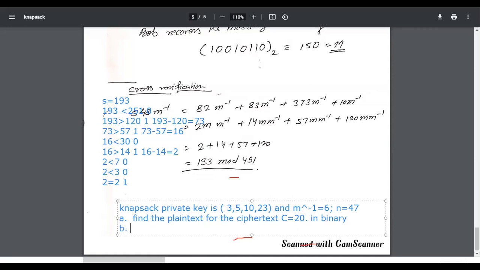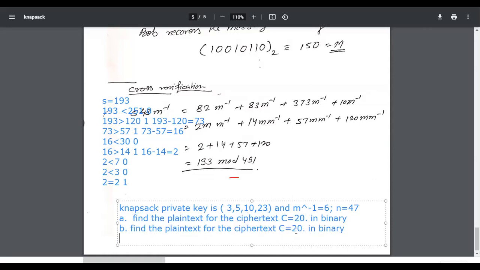And same, we need to find the plain text. First, 29 in binary.